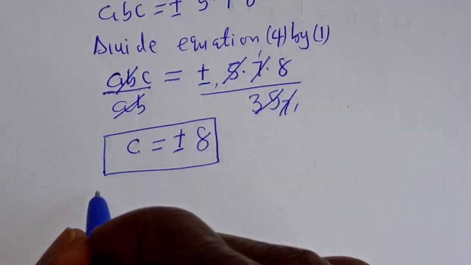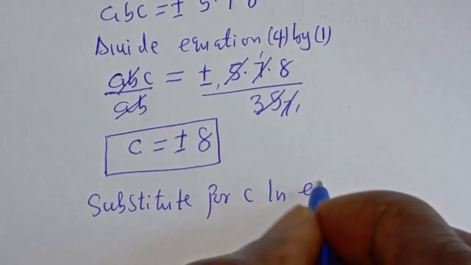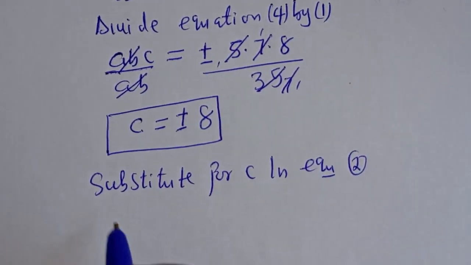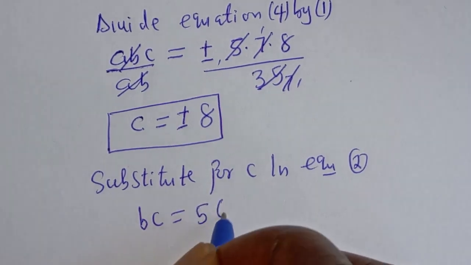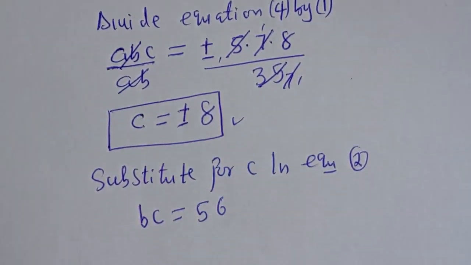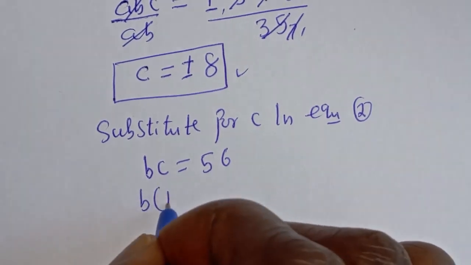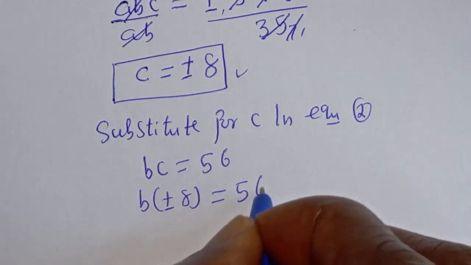Now let's substitute for C in equation 2. Equation 2 is BC is equal to 56 and C is equal to plus or minus 8. Then B bracket plus or minus 8 is equal to 56.